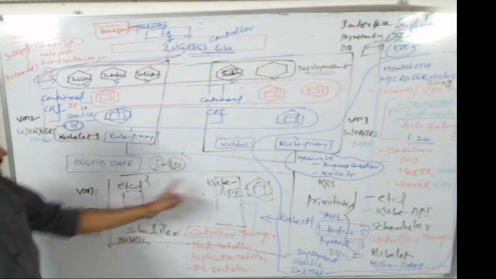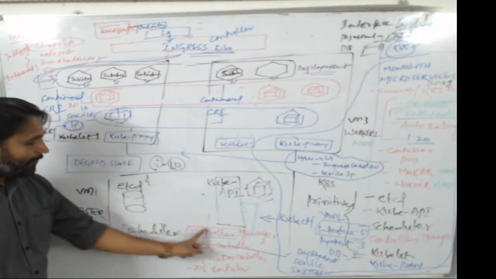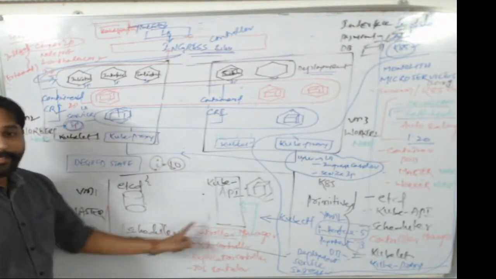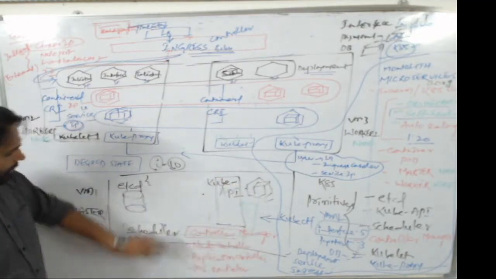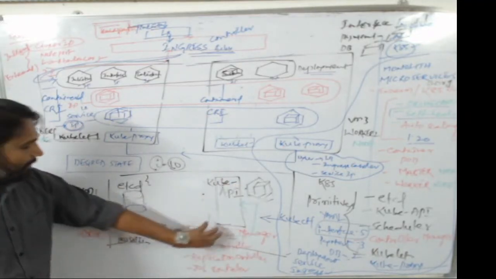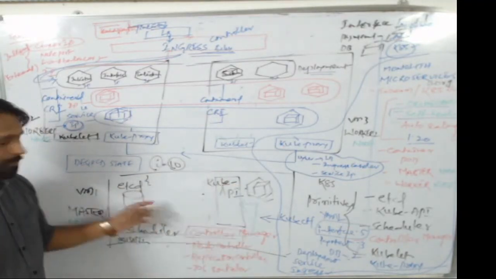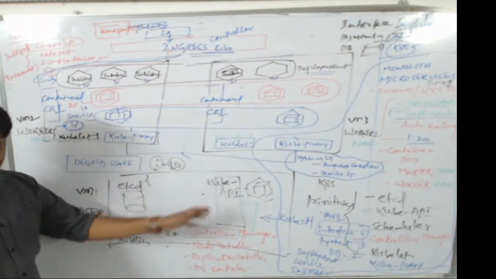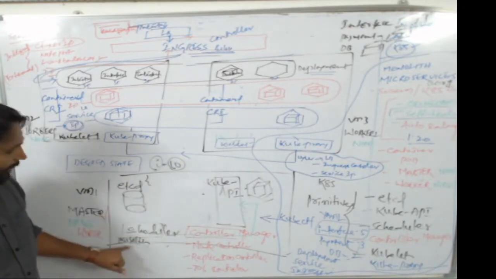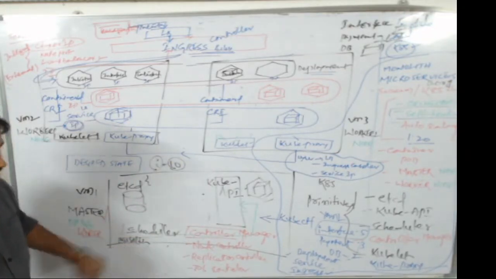Because these primitives, these softwares, are also designed as containers. So your API is in a container. Your scheduler is in a container. Your etcd is also in a container. Now these containers also have to be started and stopped. That is also done by the same kubelet.